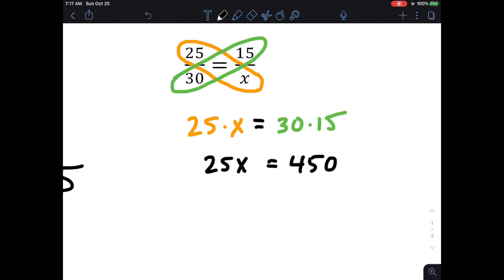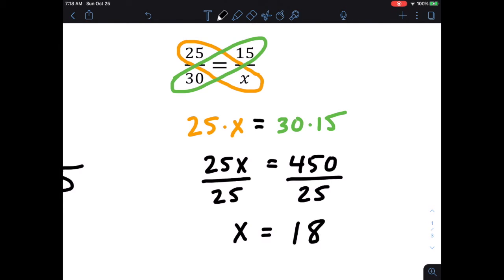And then this one you could possibly do in your head too if you think about money, because 25 is kind of like a quarter, and 450 could be like $4.50, right? But let's use a calculator. So we're going to do 450 divided by 25. So when we do that on the calculator, we end up with x is equal to 18.